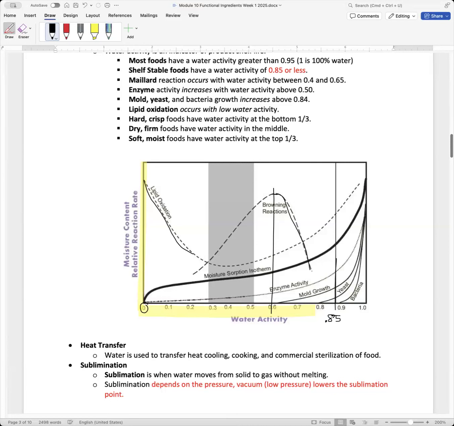That's the USDA number or the FDA number that says if you have a water activity above that, then it can't be shelf stable.